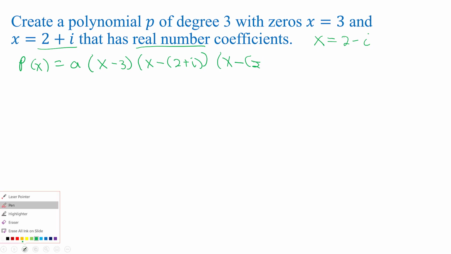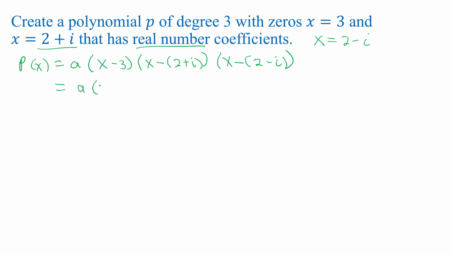2 minus i is a zero, so x minus 2 minus i is a factor. We'll simplify to get a times x minus 3 times x minus 2 minus i times x minus 2 plus i. So I'm going to start by multiplying x minus 2 minus i times x minus 2 plus i.